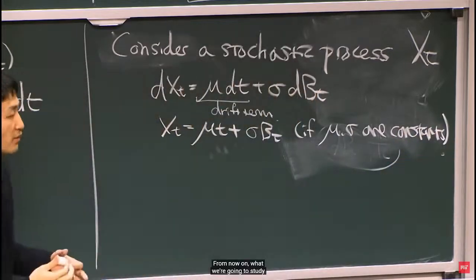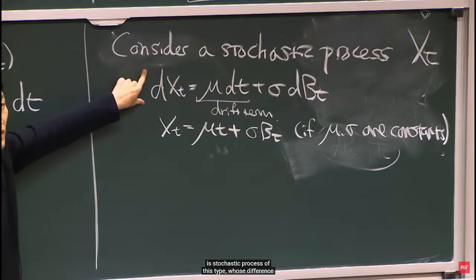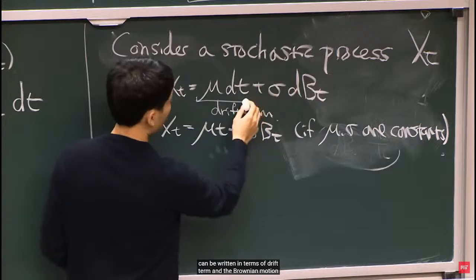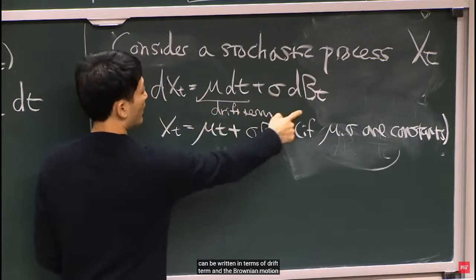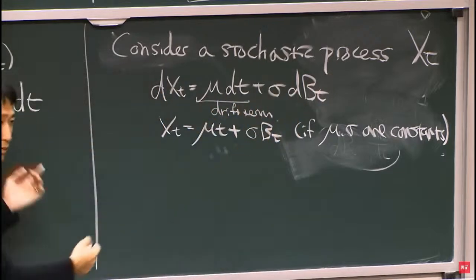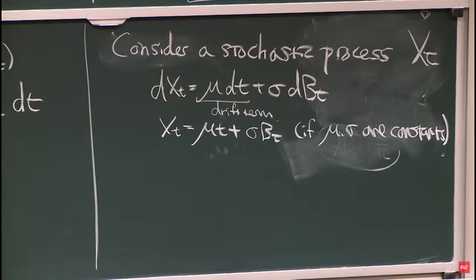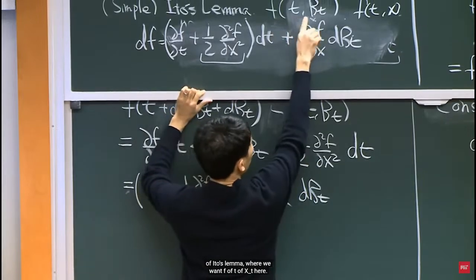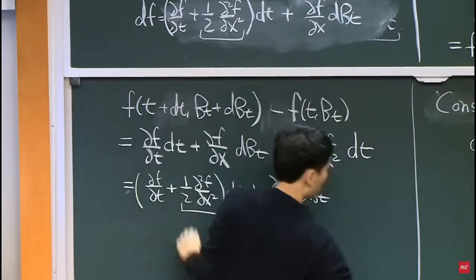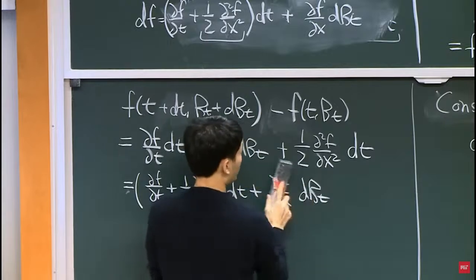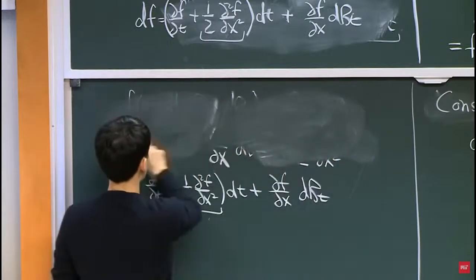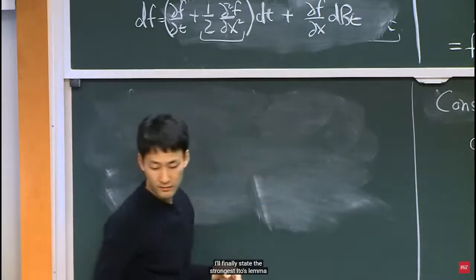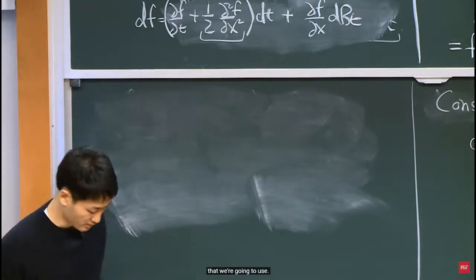From now on, what we're going to study is stochastic processes of this type, whose difference can be written in terms of some time drift term and the Brownian motion term. So we want a slightly more general form of Ito's lemma, where we want f of t, Xt here. So that will be the main object of study. Now I'll finally state the strongest Ito's lemma that we're going to use.